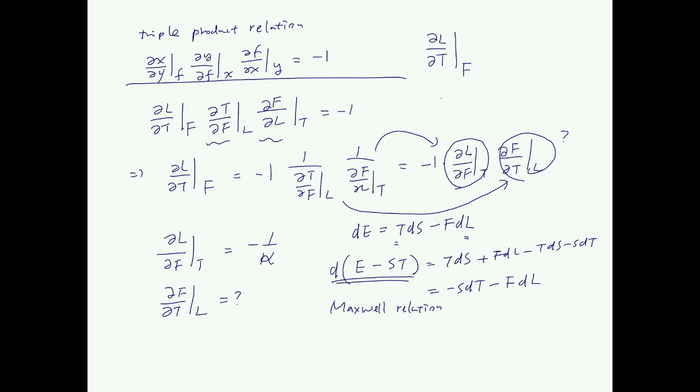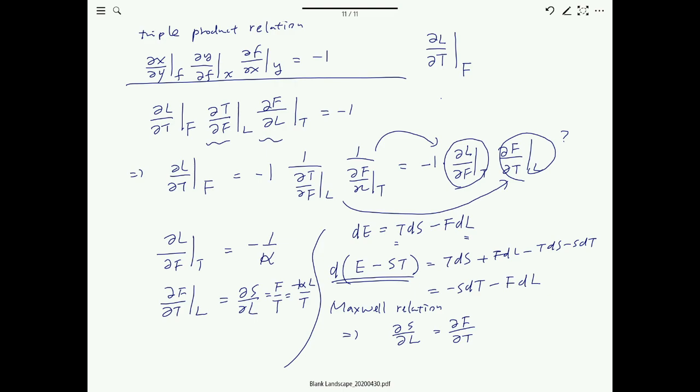Now if I take another derivative, that means partial S partial L equals partial F partial T. So now here I can replace this with partial S partial L. And we have shown that this is F divided by T, which is minus K L divided by T.